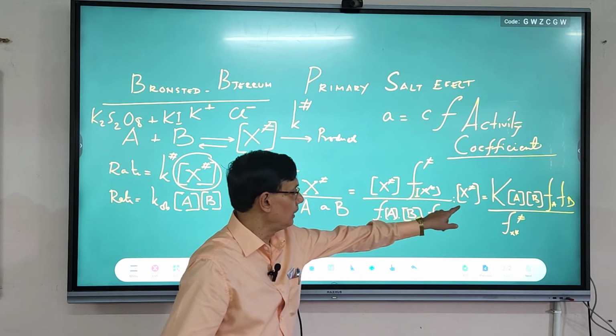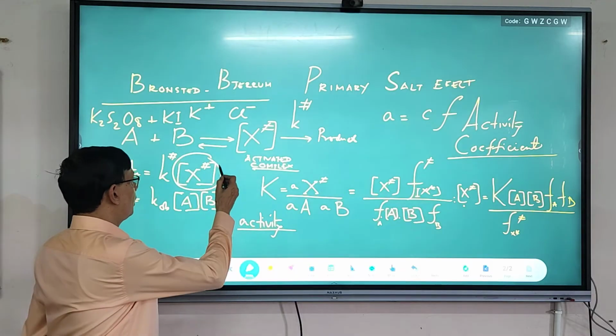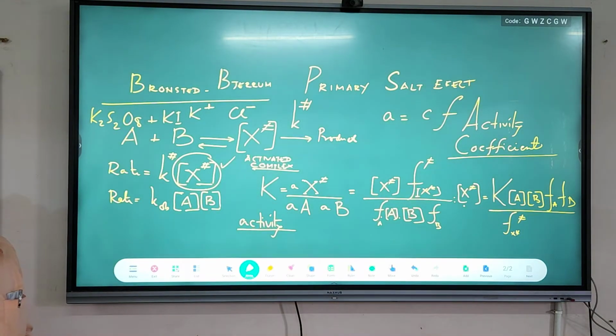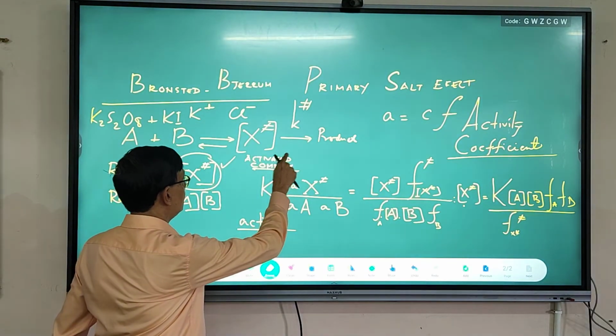We will substitute the value of X, the concentration of the activated complex, into our slow reaction. So I will erase all these things.